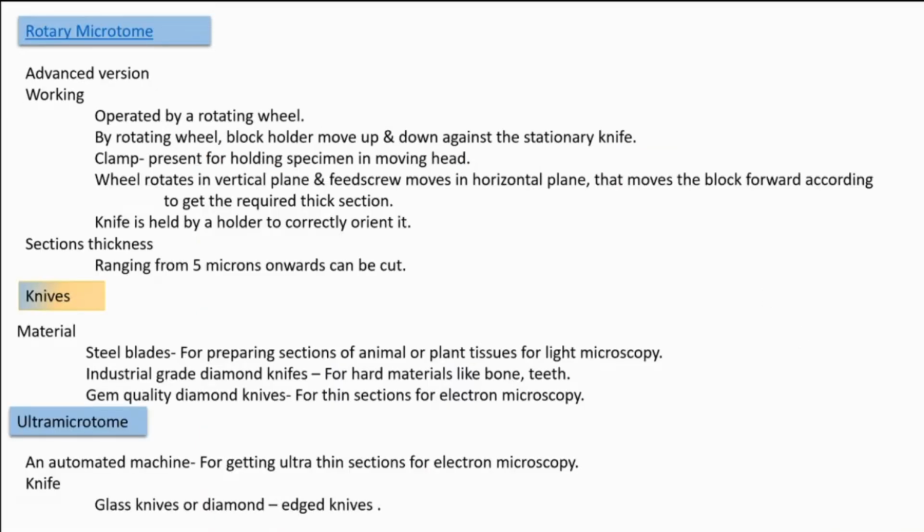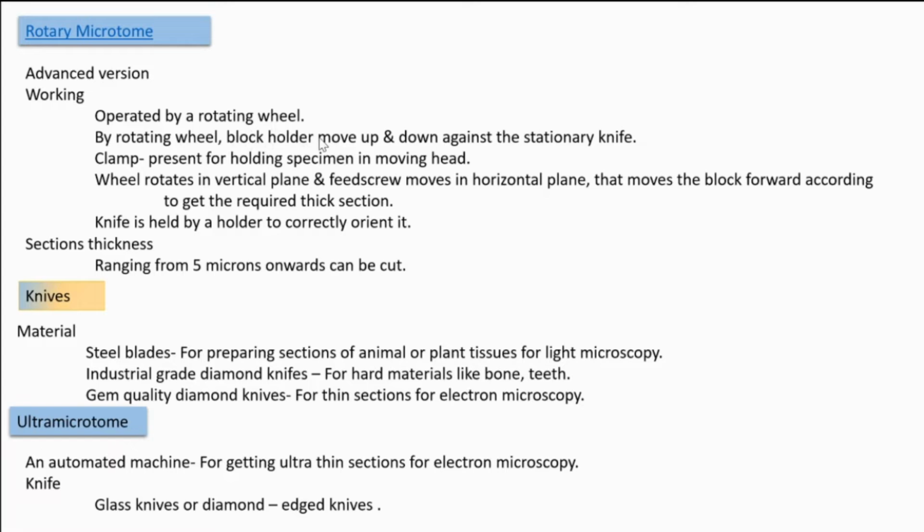Next, the rotary microtome. The rotary microtome is the advanced version of the microtome. How does it work? It is operated by a rotating wheel, and a block holder is there.